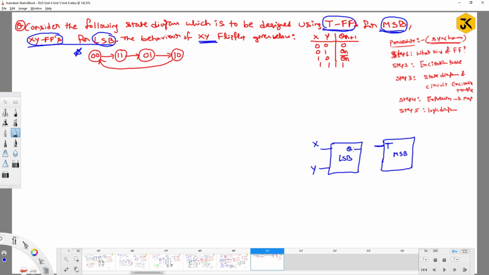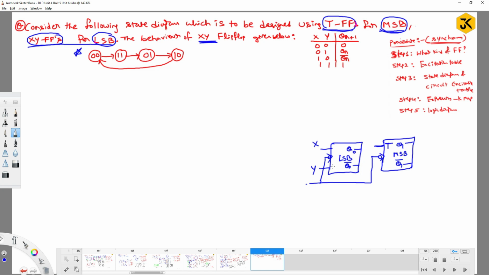For example, if you assume this is Q0 and it will have Q0 bar, and this is Q1, it will have Q1 bar, right? As we are going to consider them as synchronous, we can pass the clock signal. Here they haven't mentioned it, but we can go with synchronous counters, right?